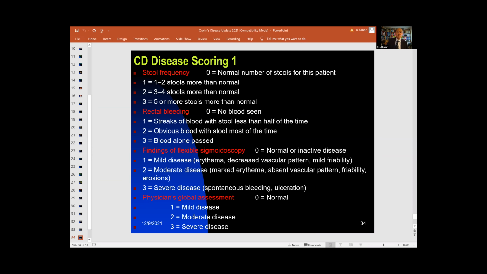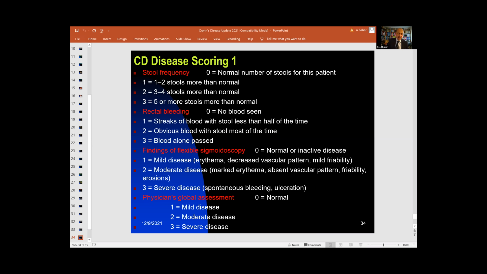So if the stool frequency is normal, which is once a day, then the score is 0. 1 to 2 stools per day would be more than normal, and so that would score as 1. 3 to 4 stools per day, score 2. 5 or more stools per day, then score 3. And so you've got a score of 3 on the basis of stool frequency.